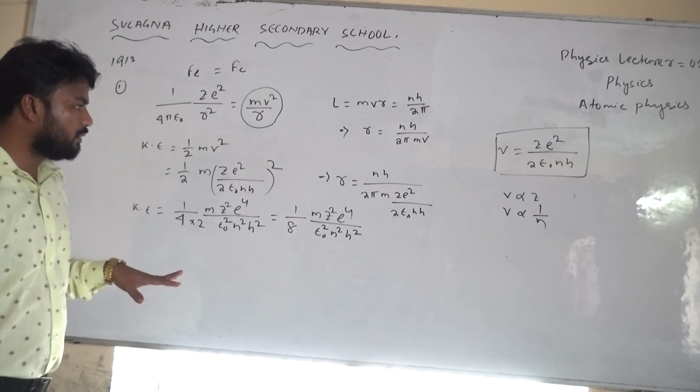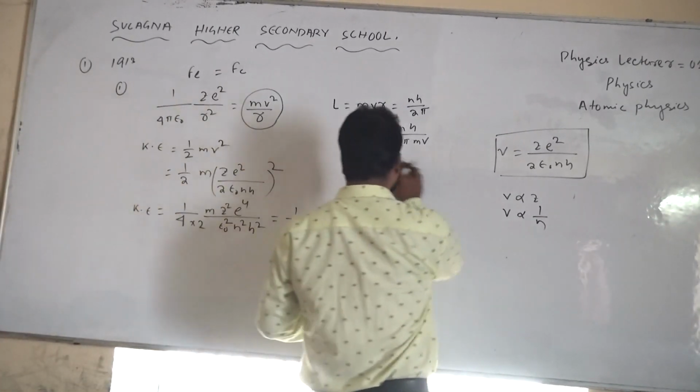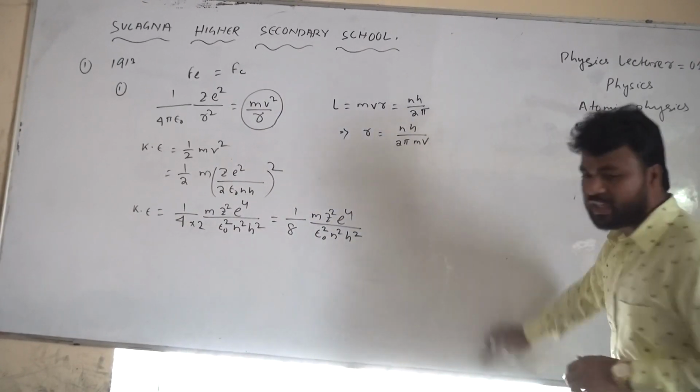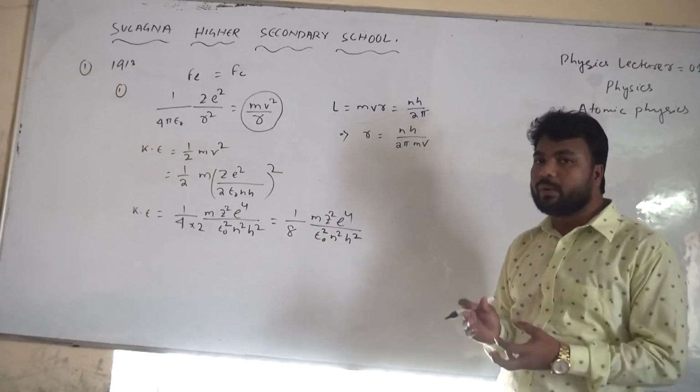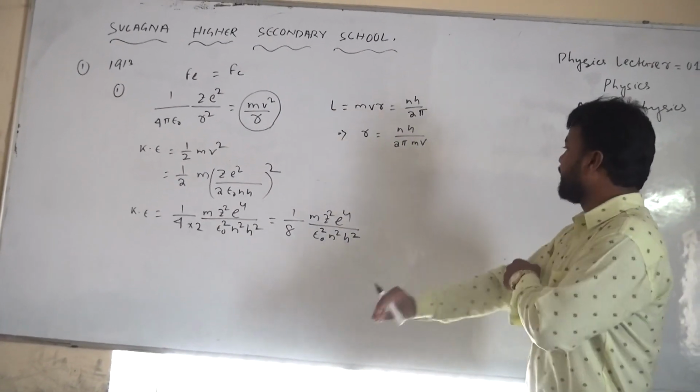Now we calculate the potential energy, that is the work done against the electrostatic force when we bring an electron from radius r to infinite distance.